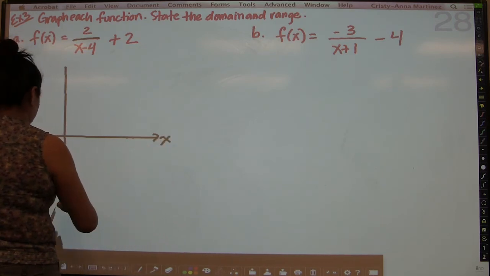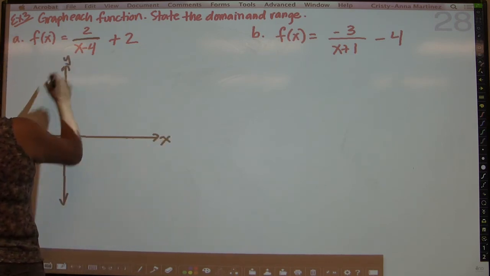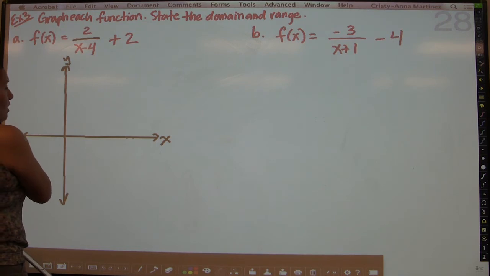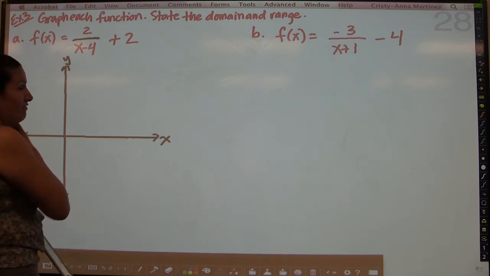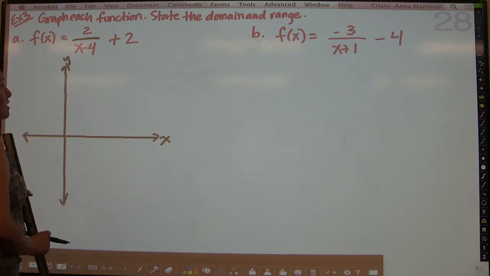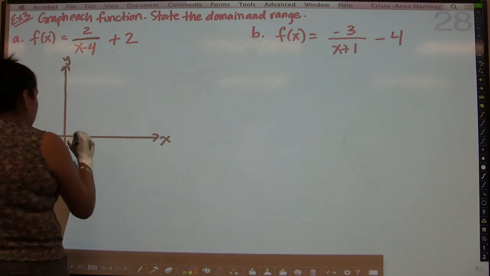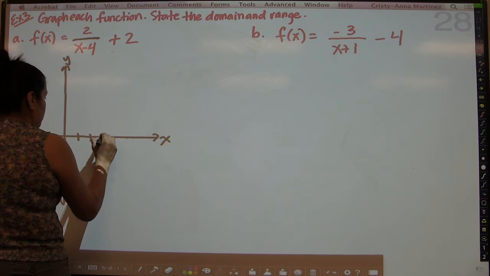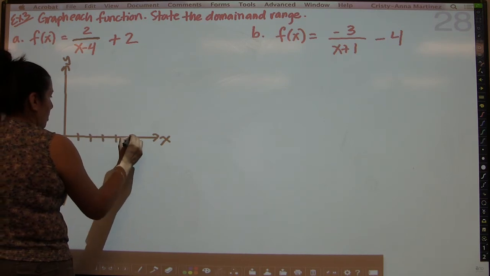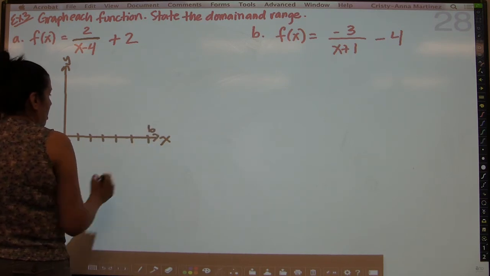So here we go. What we're going to see is, first off, I like to always graph my asymptotes first. It makes it easier for me. This minus 4 means I'm going to shift 4 units to the right. So 1, 2, 3, 4, 5, 6, so to speak.